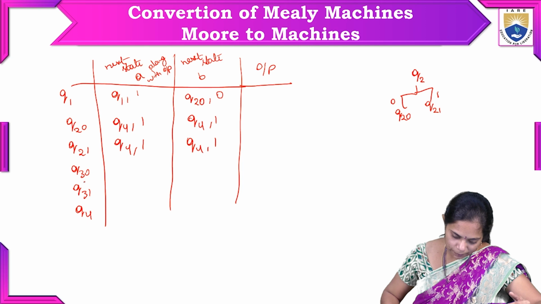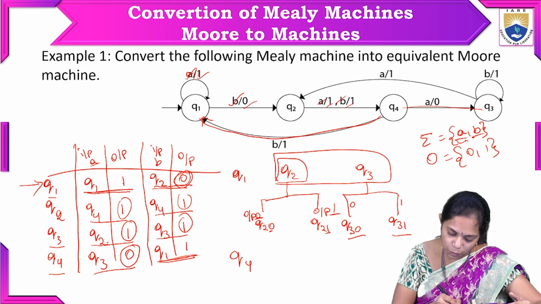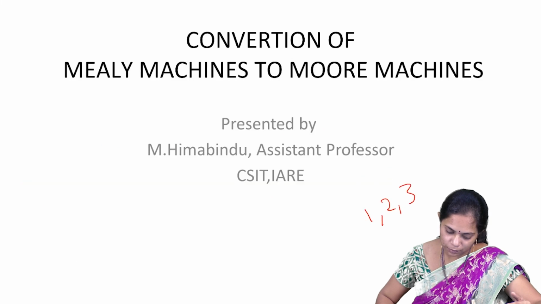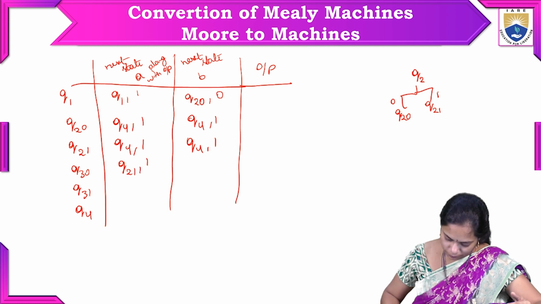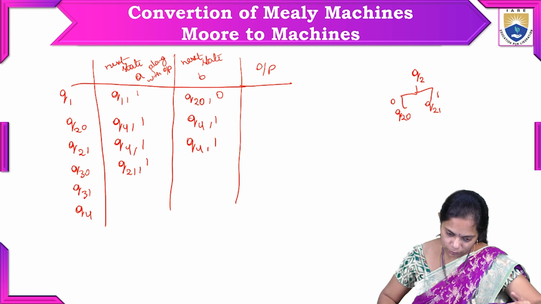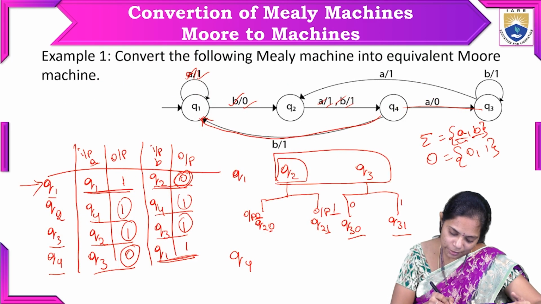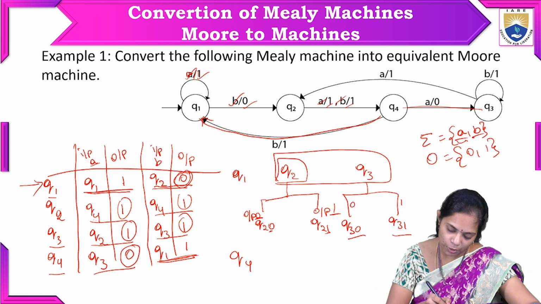And from Q3, it is going to Q1 with the output 1. So we have to write this one: Q2 1 with the output 1. And Q3 1, from Q3 with B as an input, it is going to Q3 itself with the output 1.